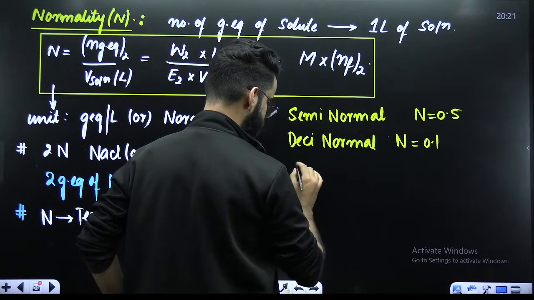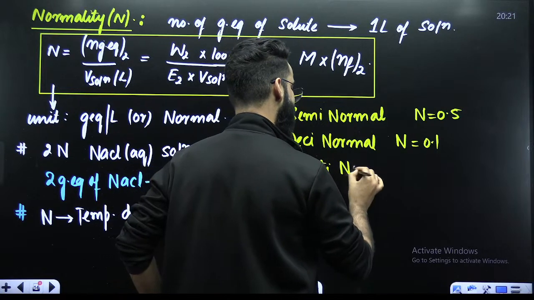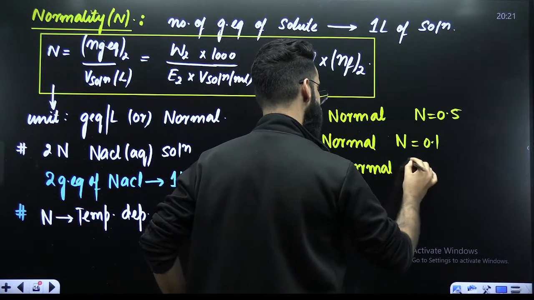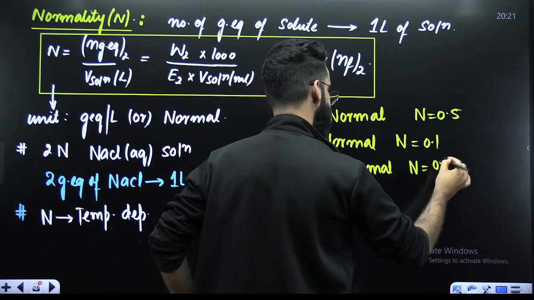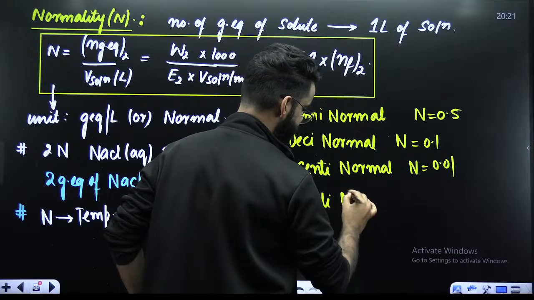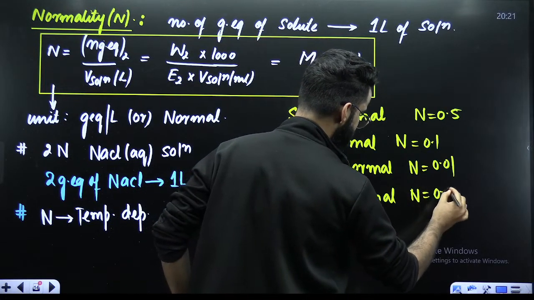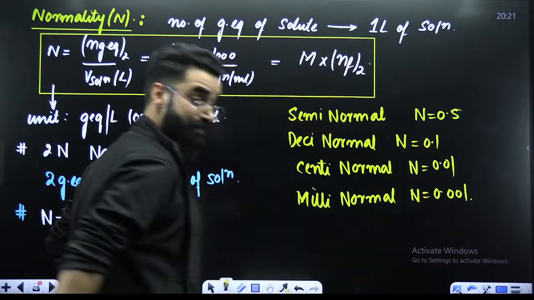A centi-normal solution is the one whose normality is 0.01. A millinormal solution is the one whose normality is 0.001. Okay, remember these terms as well.